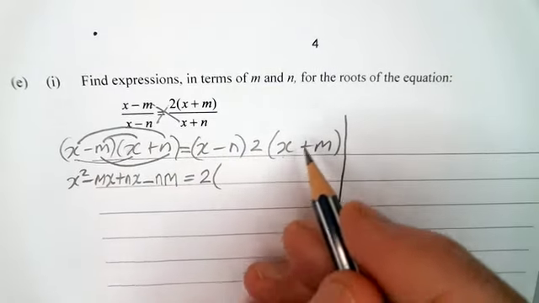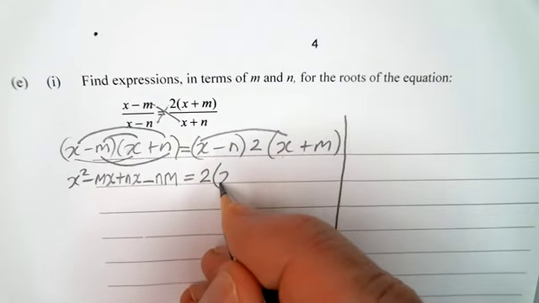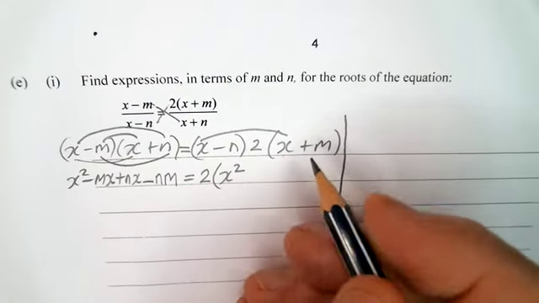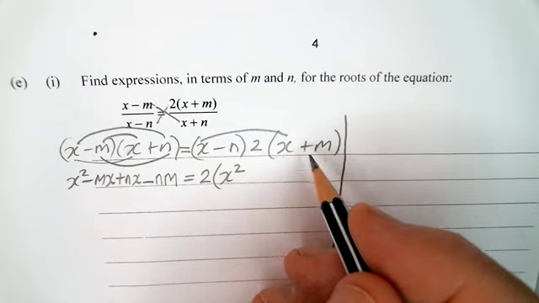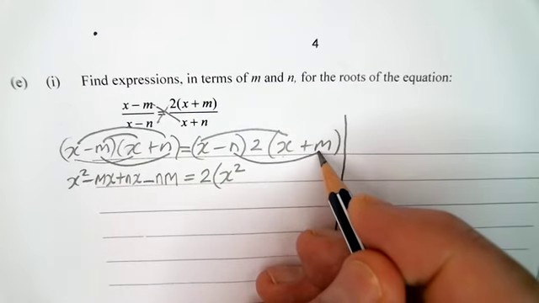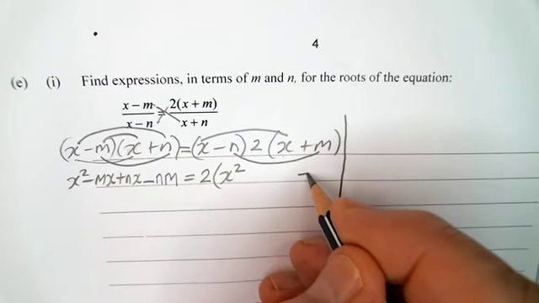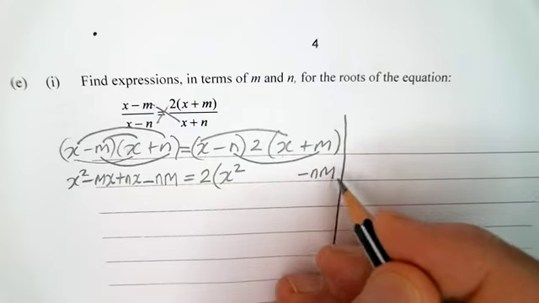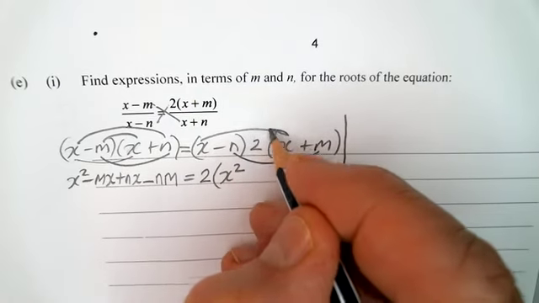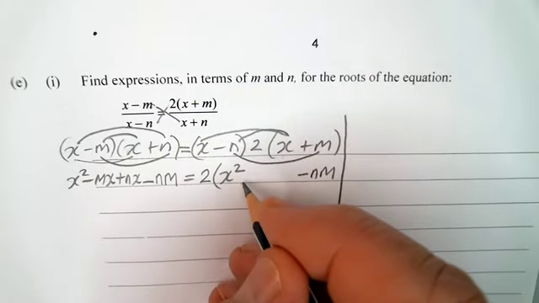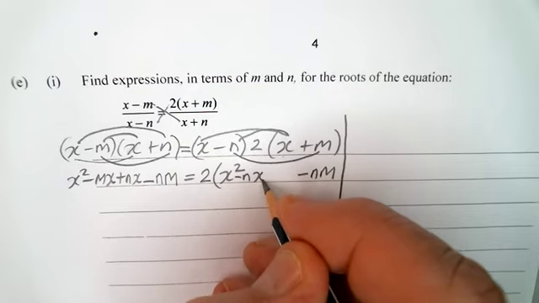And we're going to have an x times x, which is an x squared. We're going to have a negative n times m, which is a negative nm. Then we're going to have an x times negative n, which is a negative nx.